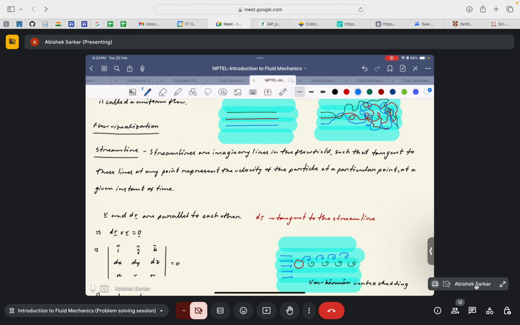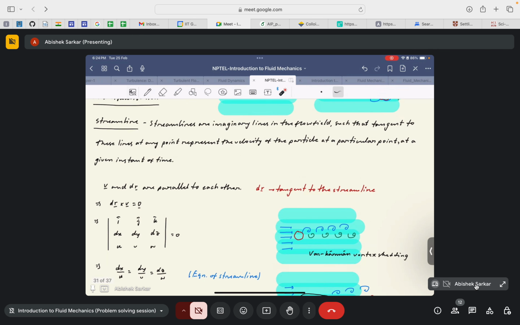And flow visualization, in its very essence, is primarily governed by three very popular lines, or I would say flow visualizing methods: the streamline, the streak line and the path line. Let me come back to this once I have defined all these special lines.